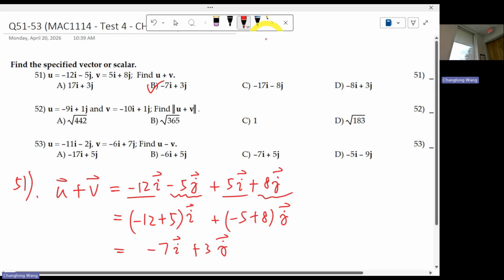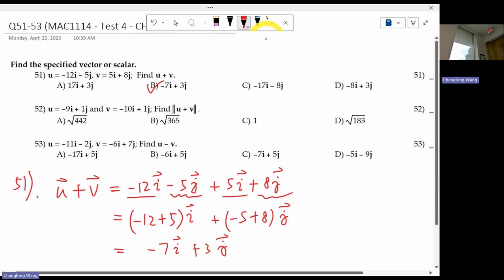So you could have just done the math right away: negative 12 plus 5 gives negative 7, negative 5 plus 8 gives 3. But what I'm showing you is, if you bluntly write them down, you see how nice those i and j forms are, because they add up as if they're polynomials. But I think you're better off just thinking about the x and y: x's add up, y's add up.